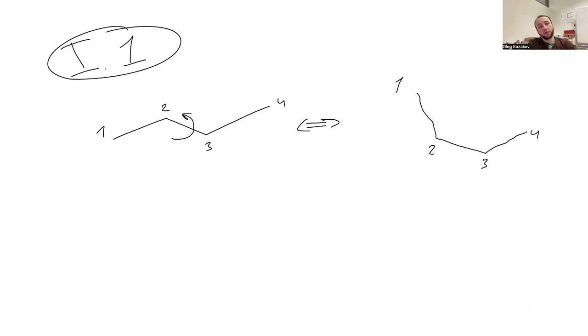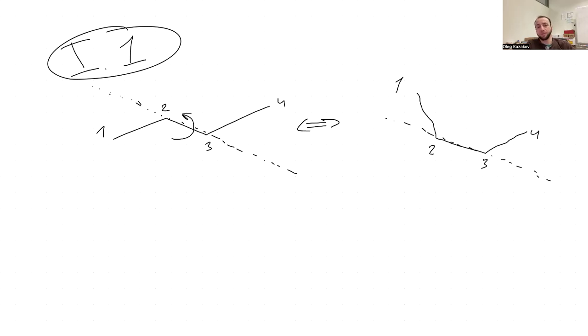So you can see there is a difference between those two structures. If we imagine some sort of continuous line going through carbons 2 and 3, it's going to look like that, some kind of plane, or just a dotted line. This dotted line is preserved in our second conformation on the right-hand side.